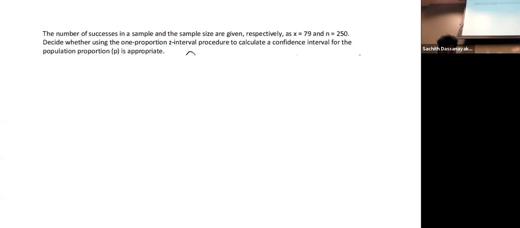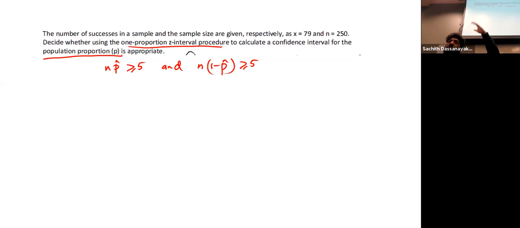What you need to check are the assumptions, those 2 assumptions based on population proportions. Remember? n times p hat greater than or equal to 5, and n times 1 minus p hat greater than or equal to 5. You just have to check these 2. If yes, then you can use the one proportion Z interval or Z hypothesis test procedure.